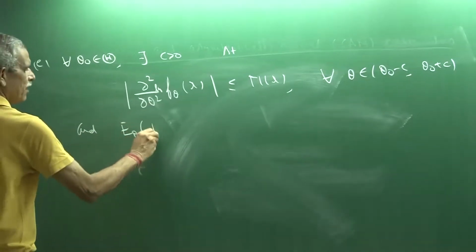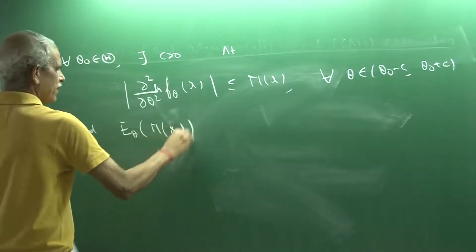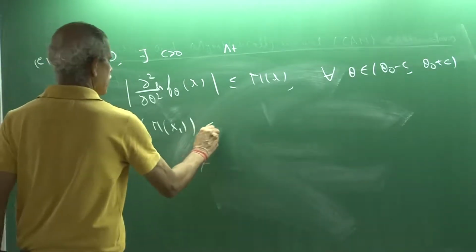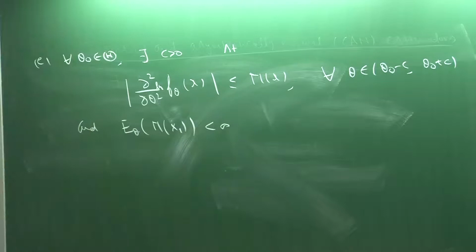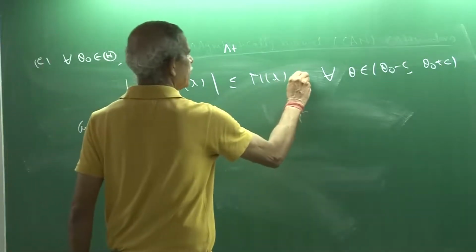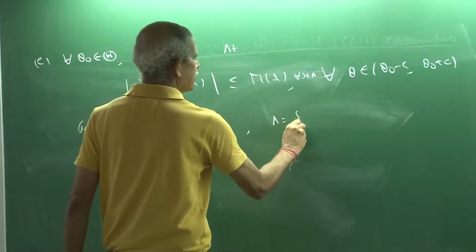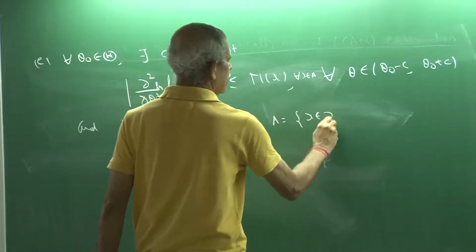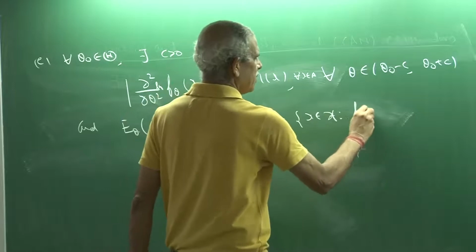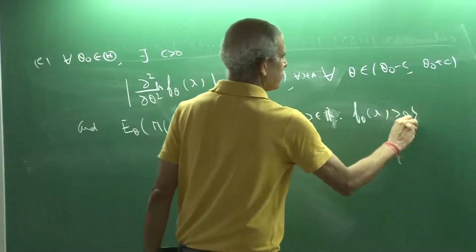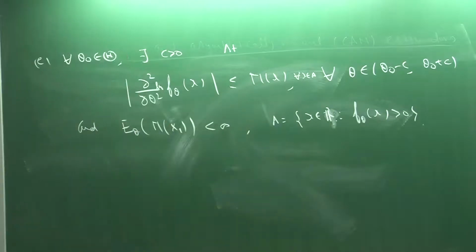So that means the expected value of m of x1 is finite. This would be for every x belonging to A. Of course, A means the collection of all those x belonging to chi, or x belonging to R, such that f theta x is positive. So essentially, A is the support of the random variable x.